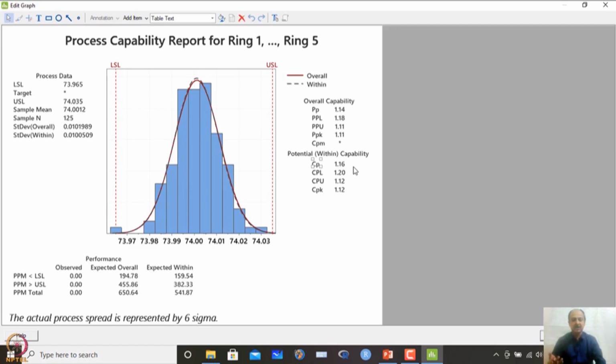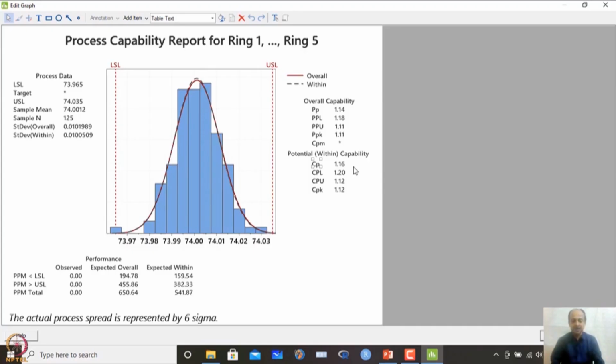Voice of the process, this sigma, is calculated based on certain assumptions, that is the process is under statistical control, and then we can calculate sigma. There are ways to calculate sigma, which is calculated from X bar R charts. R bar is used as a measure, and the number of subgroups here is 5. So, R bar by D2 is used to calculate the process standard deviation.